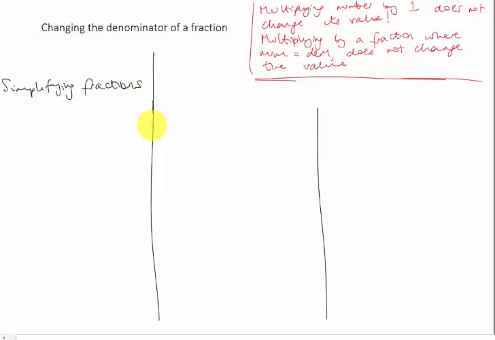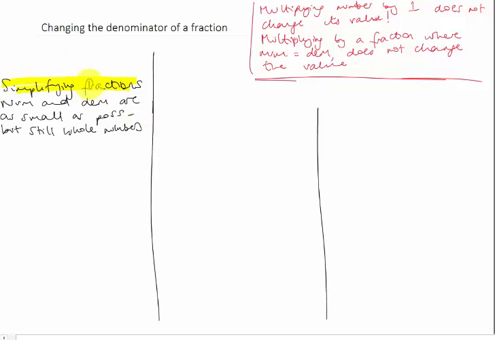Here, what I mean by that is that the numerator and denominator are as small as possible while still being whole numbers, integers. So this is the first thing I'm going to talk about, simplifying a fraction.